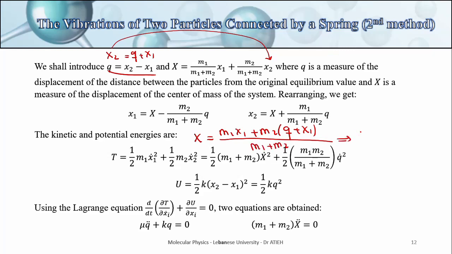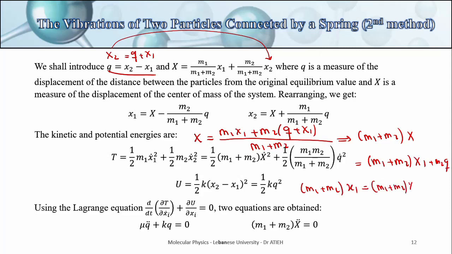Implies cross multiply: m1 plus m2 times x is equal to m1 plus m2 times x1 plus m2 q. So m1 plus m2 times x1 is equal to m1 plus m2 times x minus m2 q.